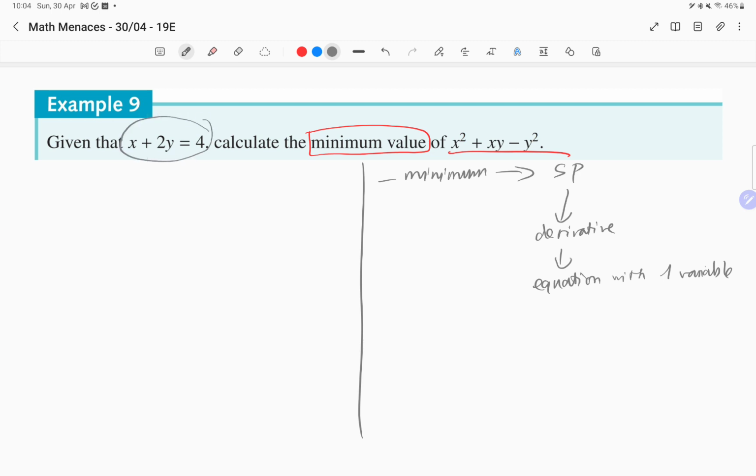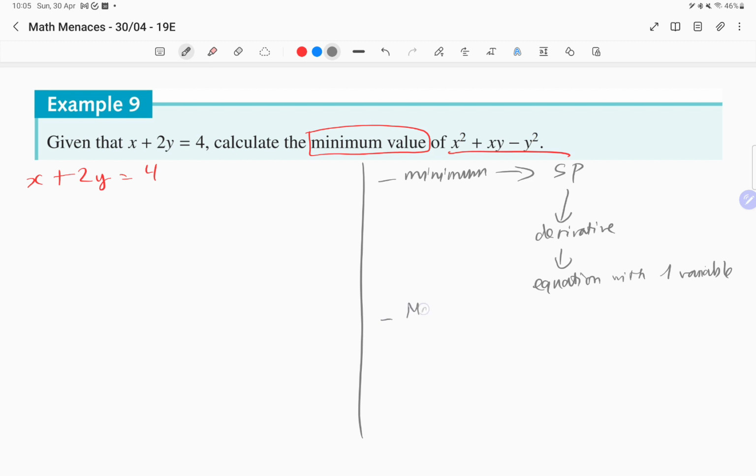You use the first equation? That is correct. You use the first equation, and then you make one of them the subject. In this case, I actually make x the subject. So let's start that. x plus 2y equals 4. Actually, I'll rewrite the steps.